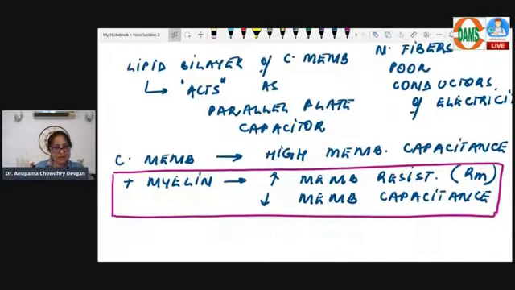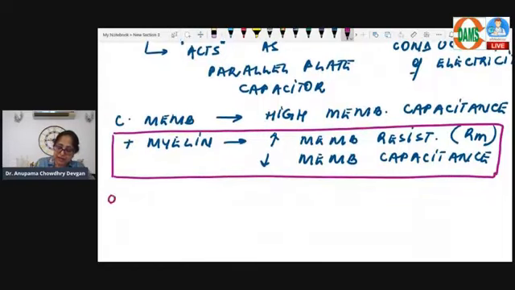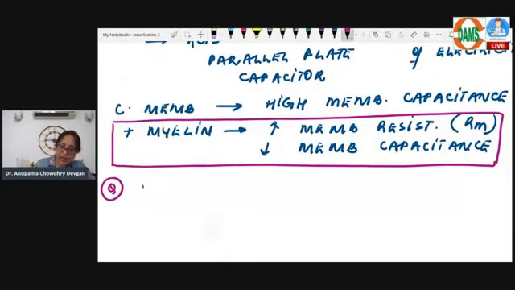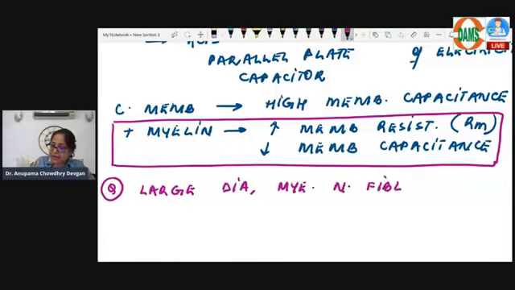If you remember this, then it becomes very easy for us to answer questions. A large diameter myelinated nerve fiber has dash RA. What was RA? Axoplasmic resistance. Dash RM, membrane resistance.